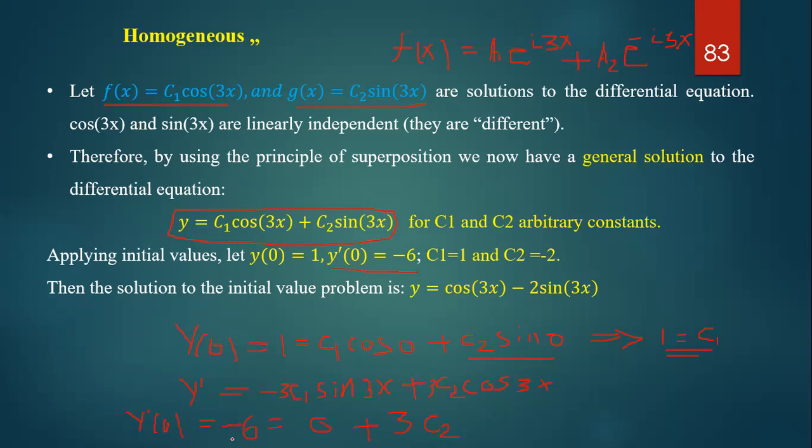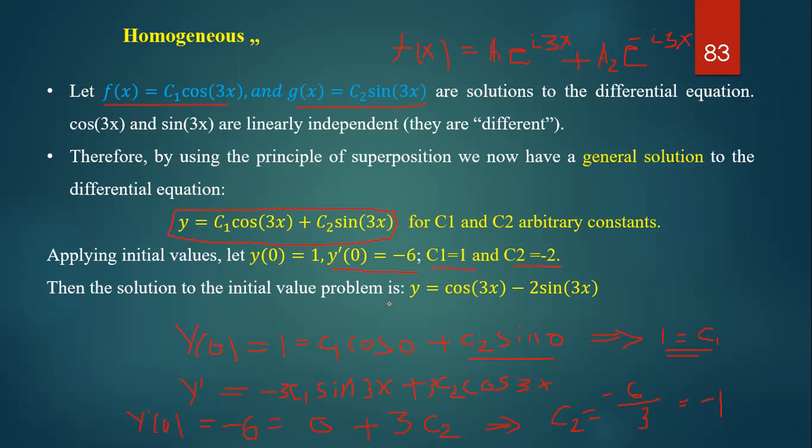So 3c2 is equal to minus 6, which implies c2 is equal to minus 6 over 3, which is equal to minus 1. So these are the constant values.